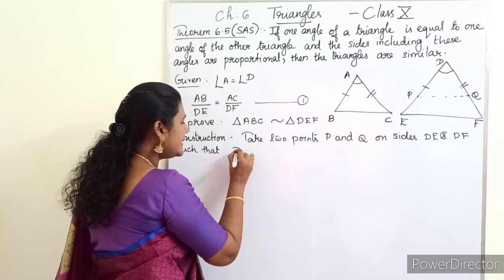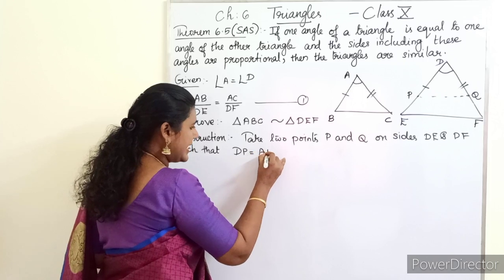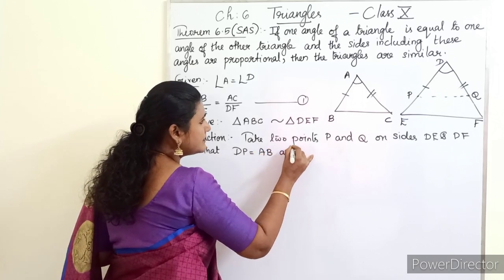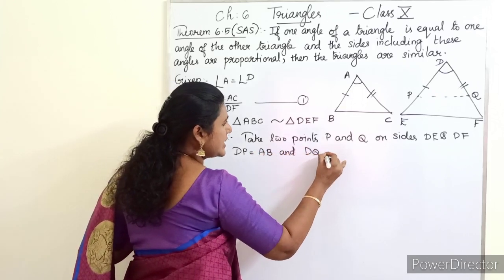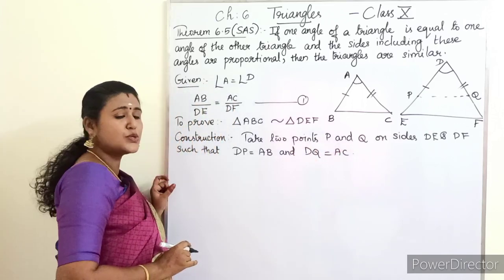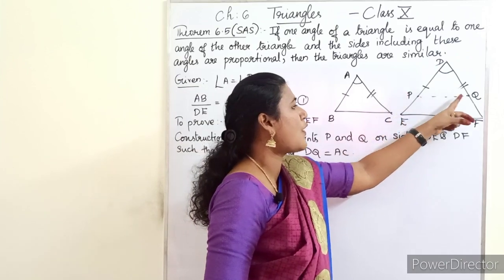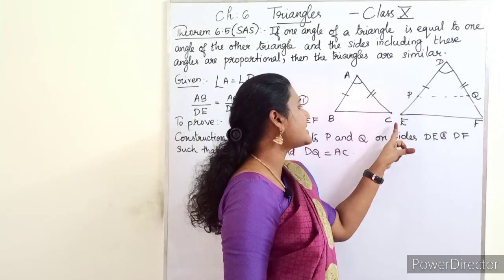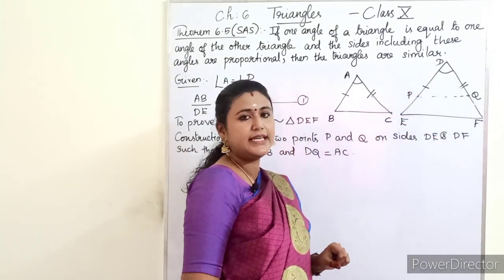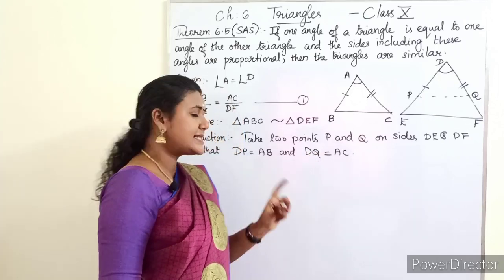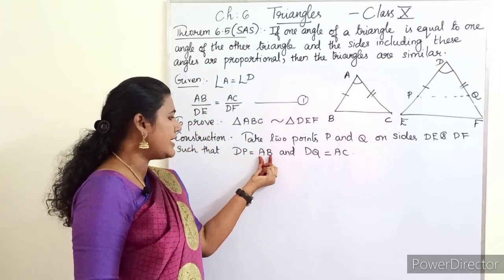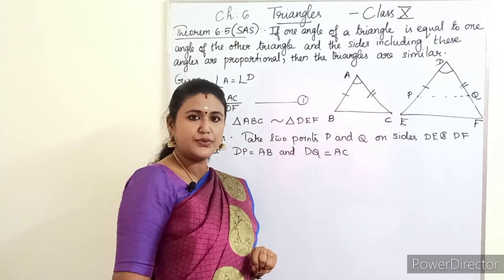So such that DP is equal to AB and DQ is equal to AC. So this is our construction. We have to choose two points P and Q on the sides DE and DF of the second triangle such that DP is equal to AB and DQ is equal to AC.